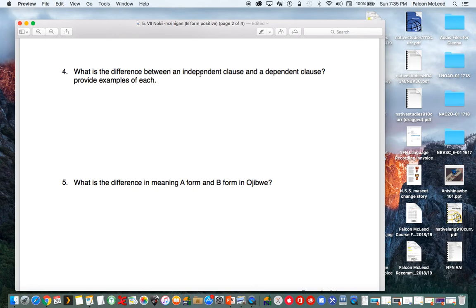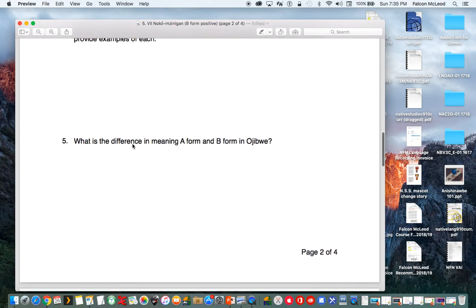An independent clause, is that something that makes sense on its own, or something that needs further information to make sense? And is a dependent clause something that makes sense on its own, or something that needs further information? Try to come up with your own examples to explain the difference between independent clause and dependent clause, like I did in the PowerPoint presentation.